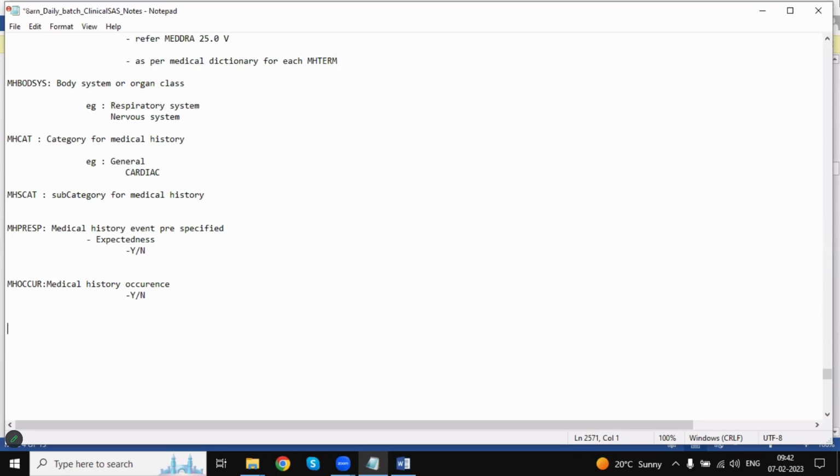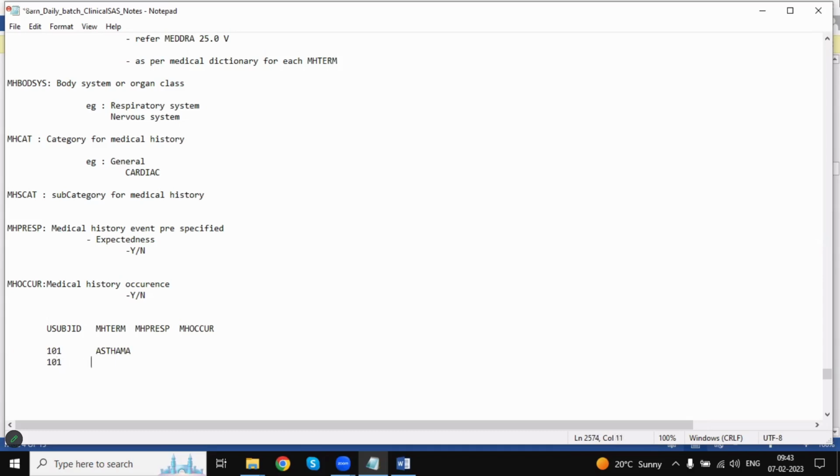In AE also we discussed it, right? Pre-specified and occurrence. Same way here also. For example, you have your MH terms, and your MH pre-specified and occurrence. Let's assume subject 101 has asthma, and you have different terms.